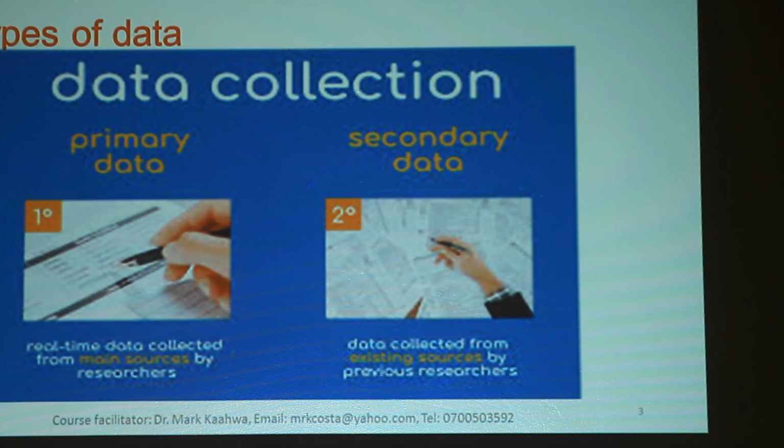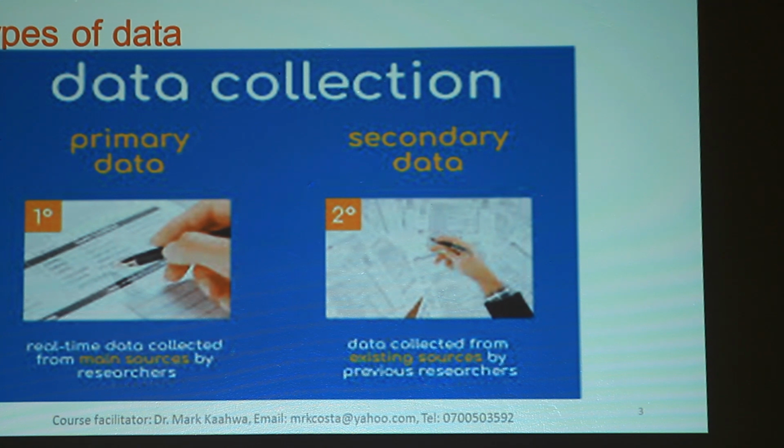So we want to look at two types of data. When you go out to collect data for any research that you are undertaking, you will always collect either primary data or secondary data. Now, what is primary data? Primary data is the raw data that you directly get from the respondents.